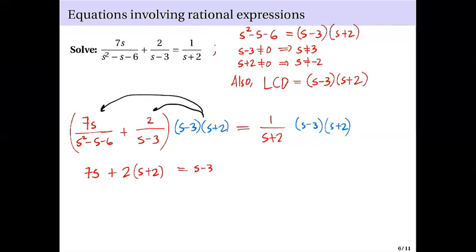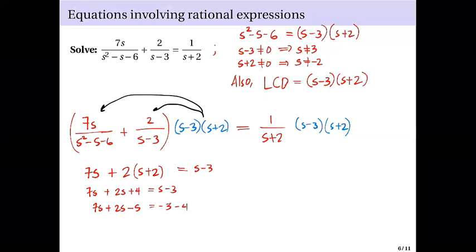And then we simplify and solve for s. So on the left, we have 7s plus 2s plus 4, and on the right, you have s minus 3. So we bring all the s's to the left-hand side of the equation, and the constants to the other side. So in here, you have 7s plus 2s minus s, equal to minus 3 minus 4.